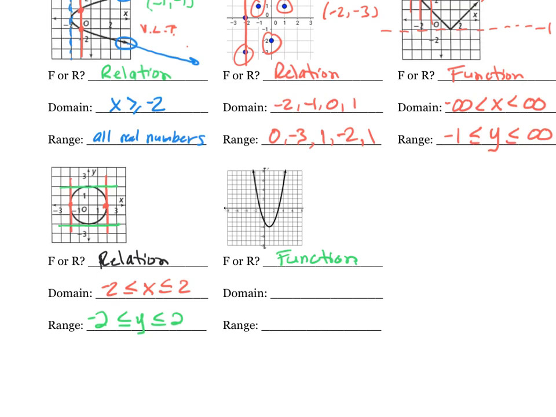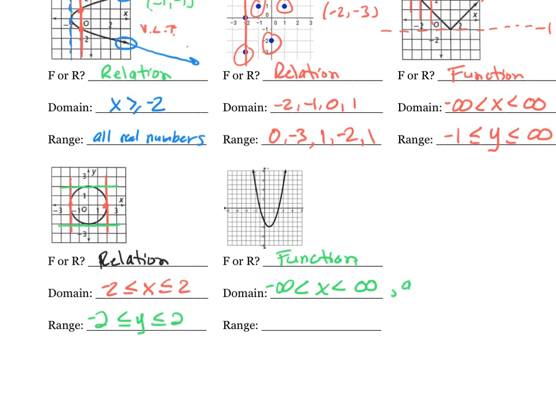The domain is what x values could you use, and if you look carefully, this parabola has arrows on the end. It's going to keep going further and further to the right and left as it goes up. So the domain is any number, and one way we can say that is that it's less than infinity and greater than -infinity.